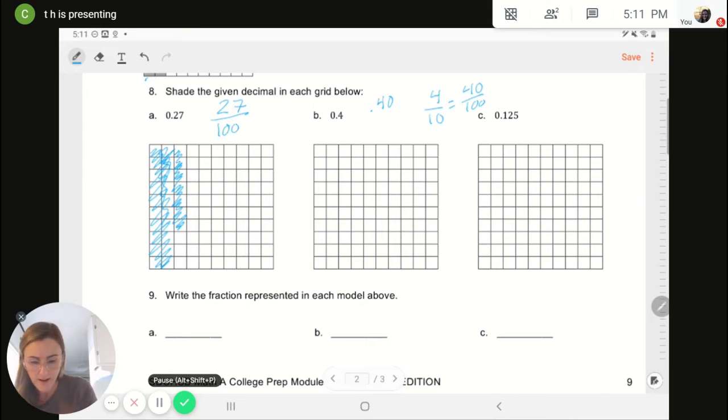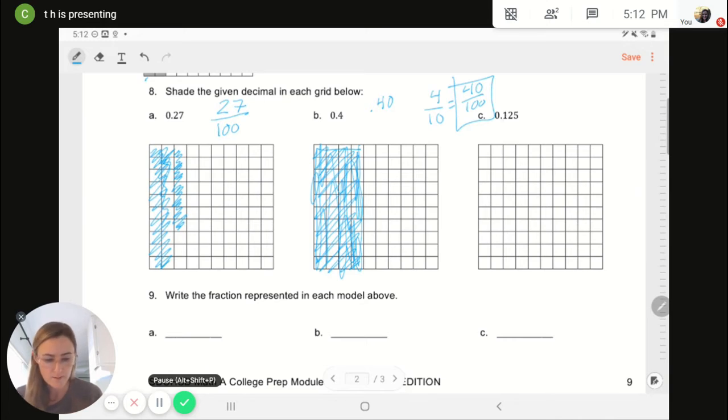Okay, so I want to look at this one because I have 100 boxes and I'm trying to shade in 40 out of 100. So this is 4 here by 10. So all of this would be shaded. So I have 4 wide and 10 height.